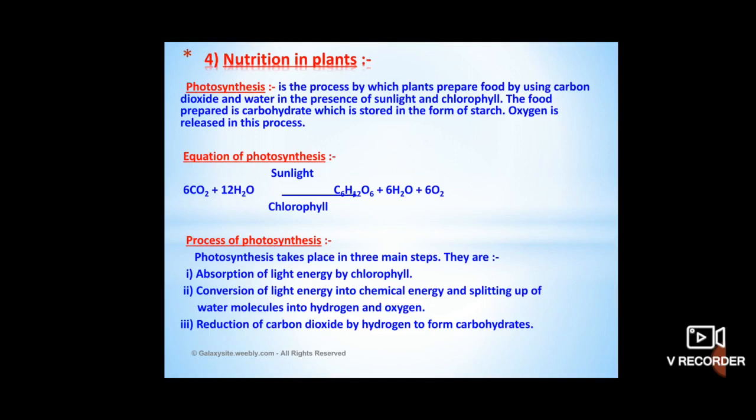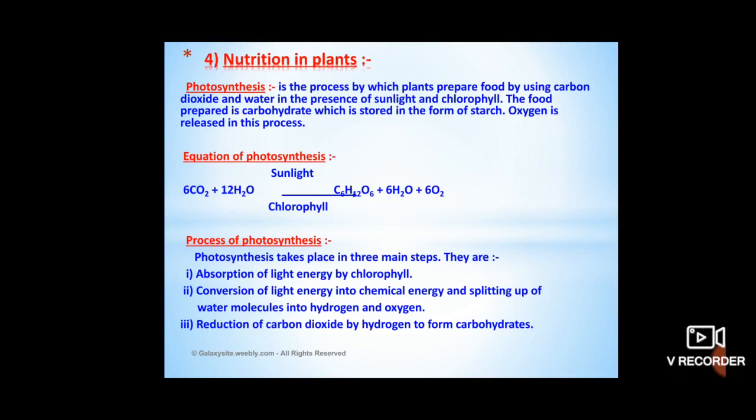So what is the major role of chlorophyll now? Absorption of light energy. Then the next step of photosynthesis is conversion of light energy into chemical energy and splitting up of water molecules into hydrogen and oxygen.